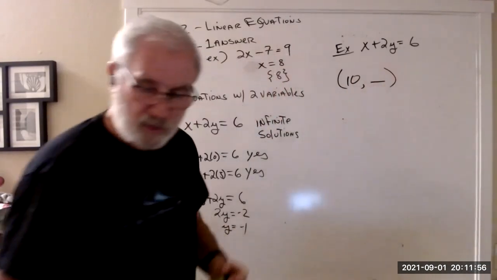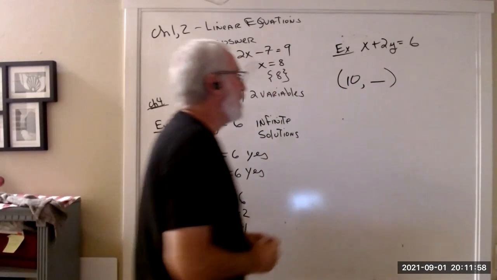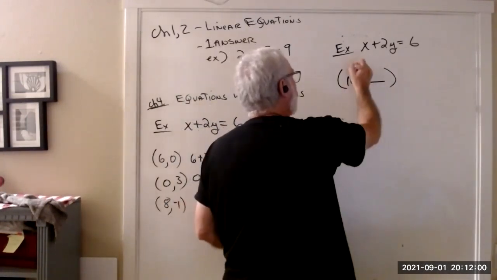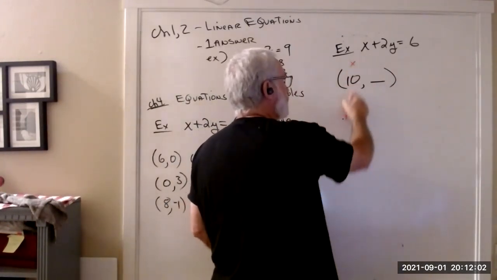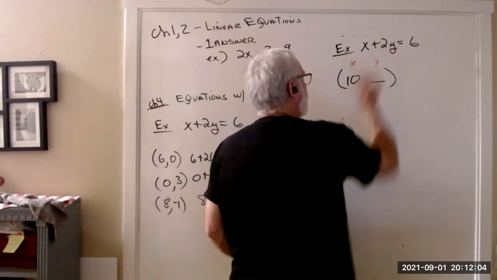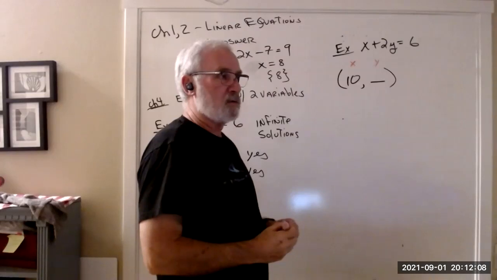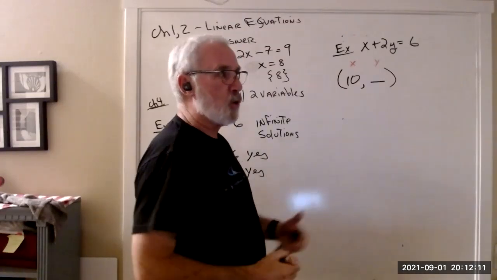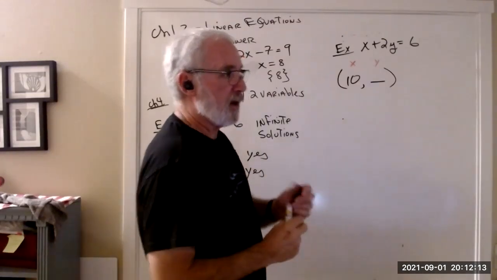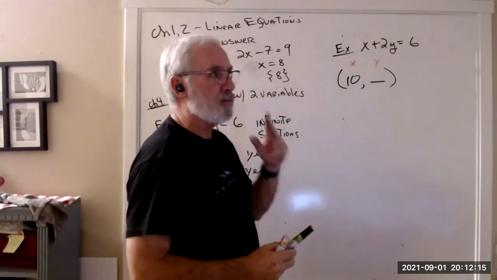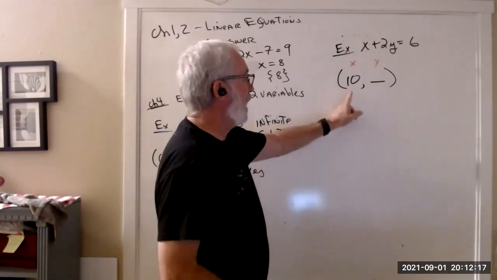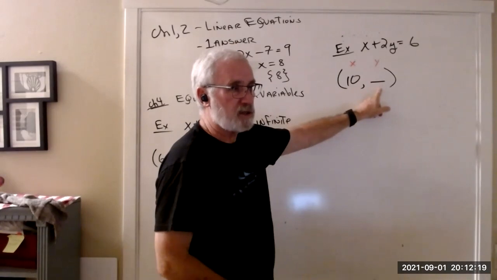Now, one of the things we all need to agree on is when we write this, the first number always represents the x, and the second number always represents the y. Always. This is called an ordered pair. Pair means two. Order means the order is important. X is always first, y is always second.